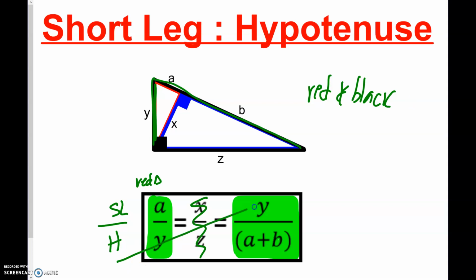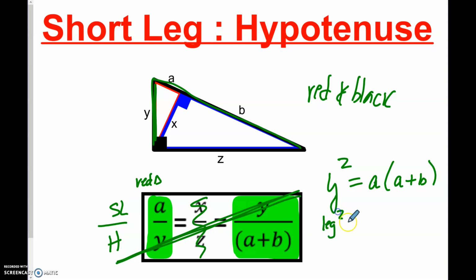So look what happens. Do we get a geometric mean again? We take Y times Y, Y squared, equals A times A plus B. So what I say when I do this is taking a leg and squaring it equals the part of the hypotenuse times the whole hypotenuse.